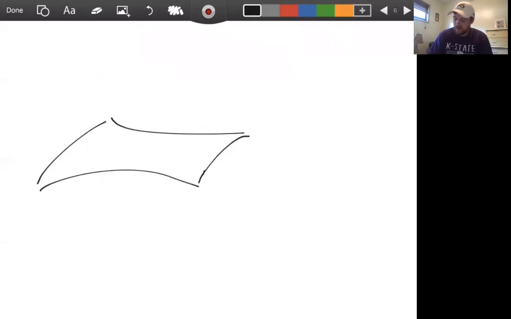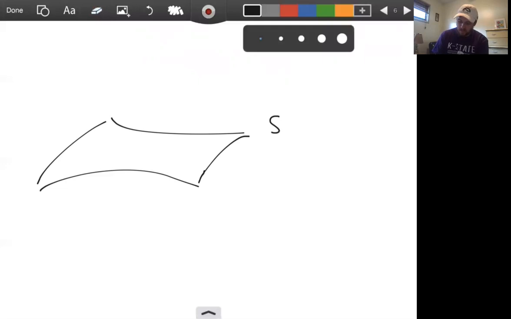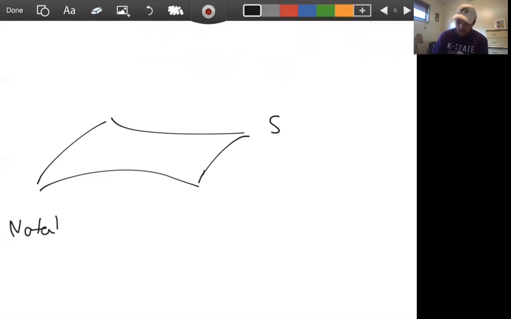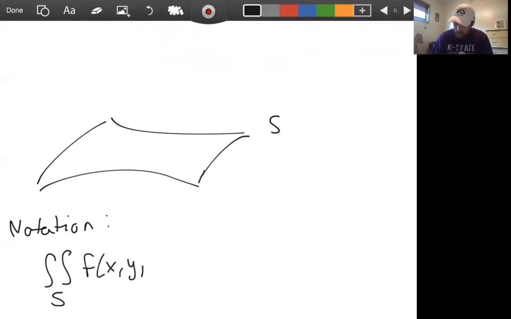So when we look at a surface, S, here's our surface again, the scalar surface integral, let me introduce the notation. You write the double integral over the surface S of your function f of x, y, z, dS.